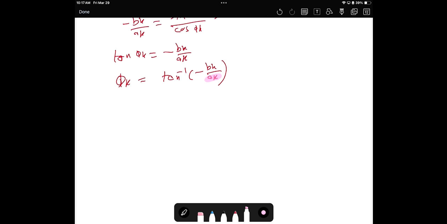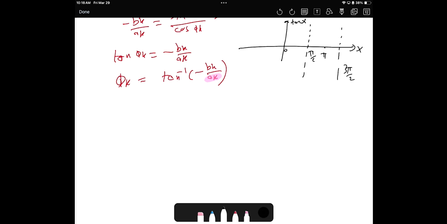You can imagine how the tan looks like. Here is x, and here is 0, pi over 2, pi. So the tan is actually like this.